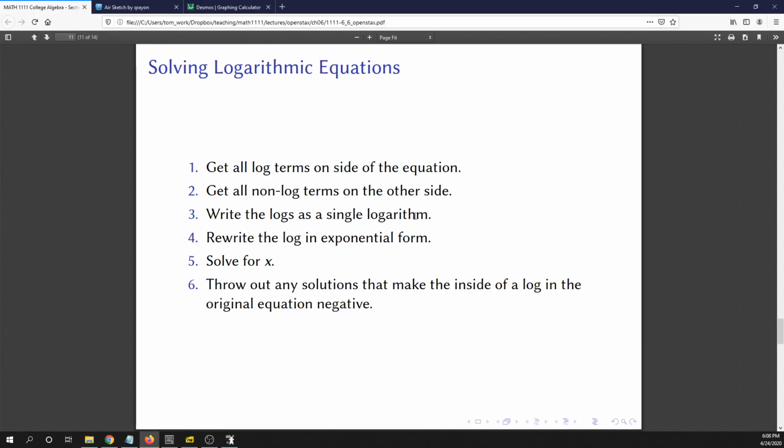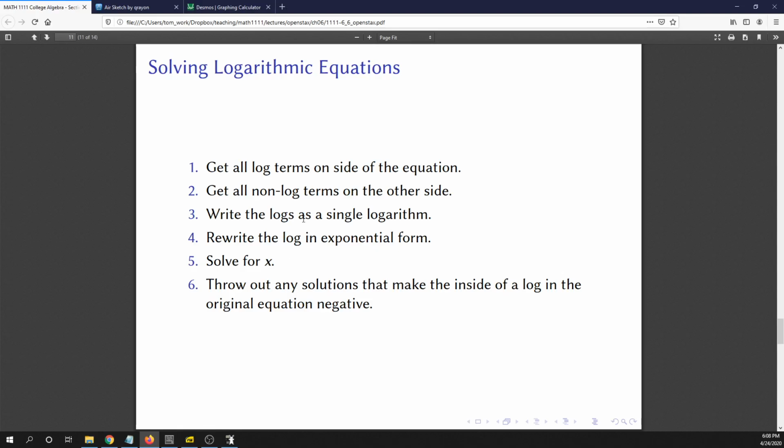And then you will use some of those three properties, the product rule, the quotient rule, or the power rule, to rewrite the logs as a single log, just like we did in the previous example. All right, then rewrite the log in the exponential form. So that should get rid of the logs. And then you solve for x.